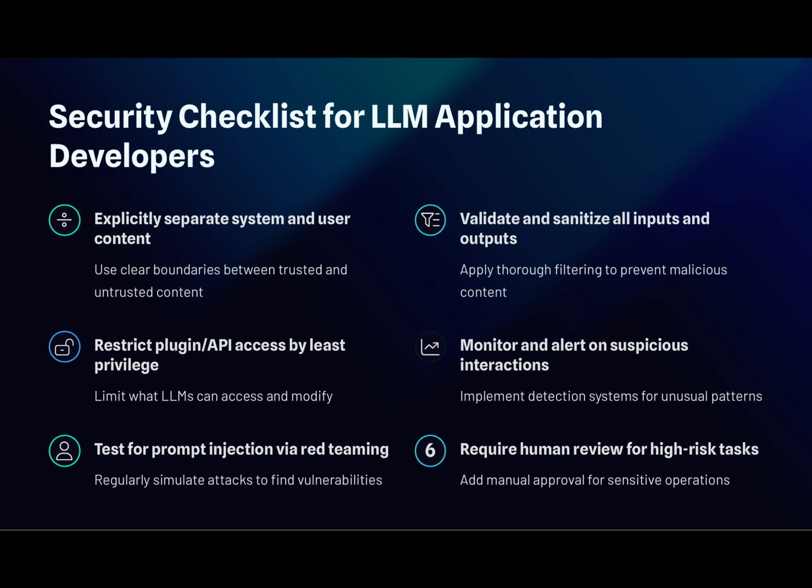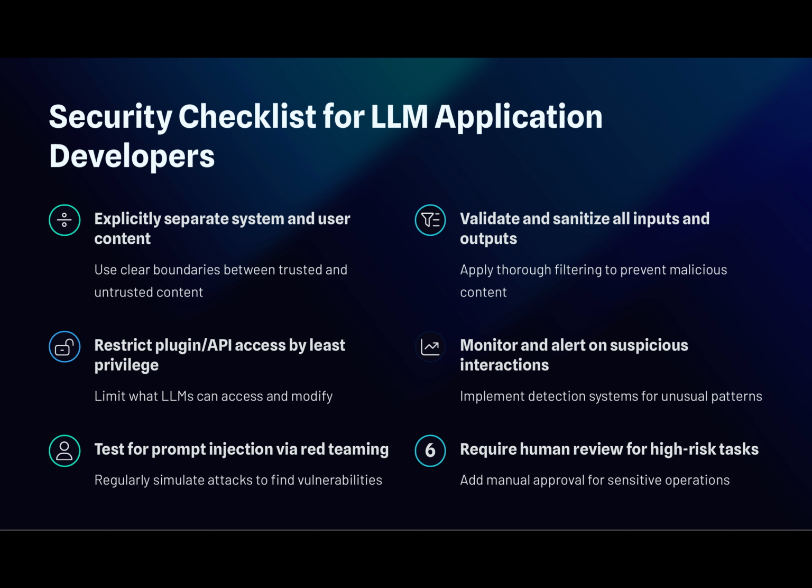Next, restrict API and plugin access using the principle of least privilege, so the LLM can only access what's absolutely necessary, and nothing more. This limits the scope of any potential compromise. It's also important to monitor interactions for anything unusual.